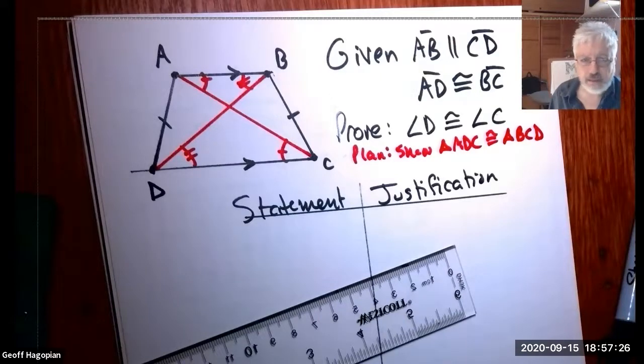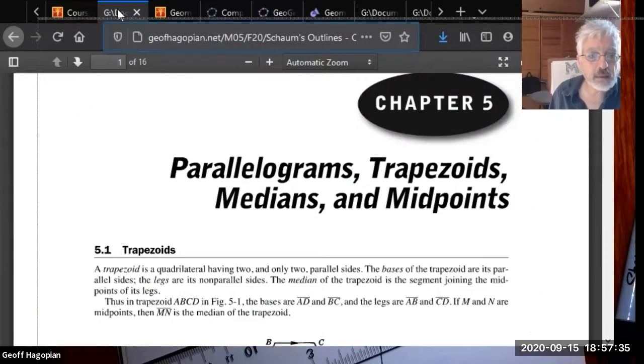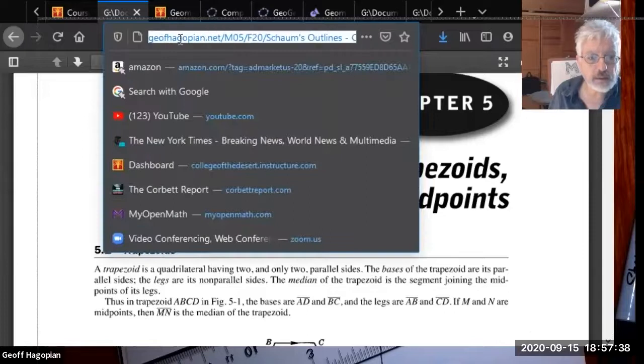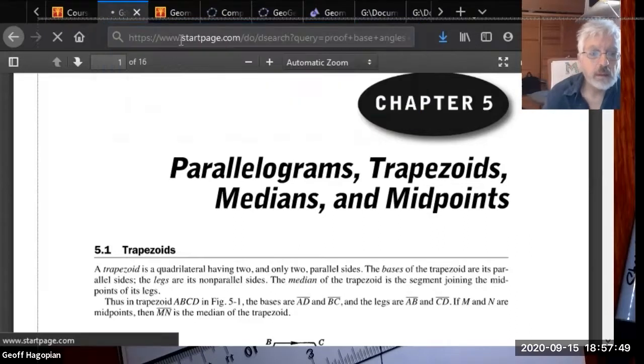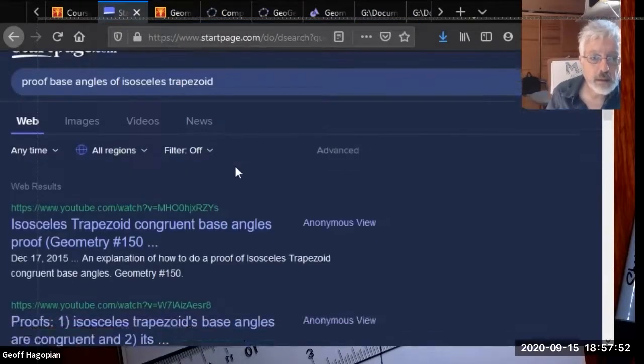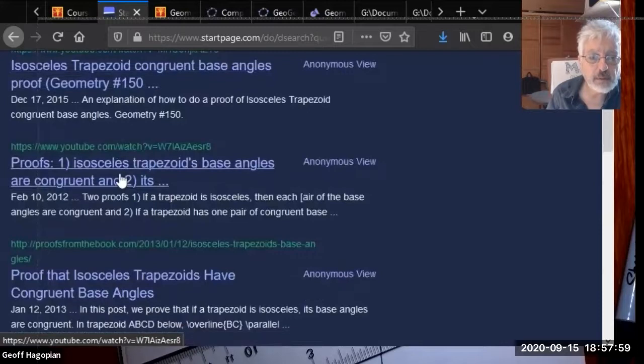So I want to get a document, and I'm going to search: proof, base angles of isosceles trapezoid. Isosceles trapezoid congruent base angles proof, geometry number 150. It's a YouTube. Oh, I don't want a YouTube.